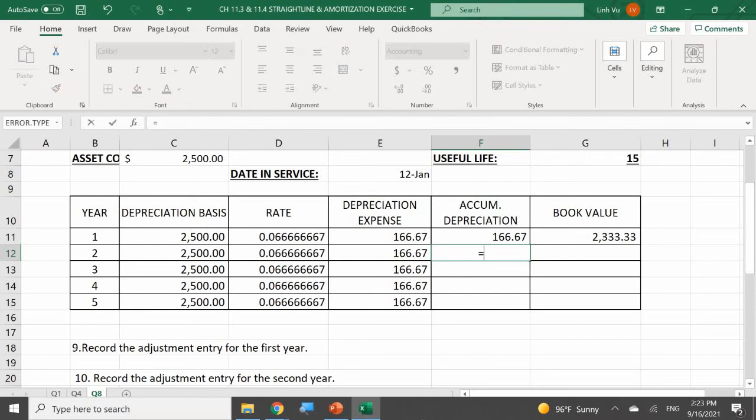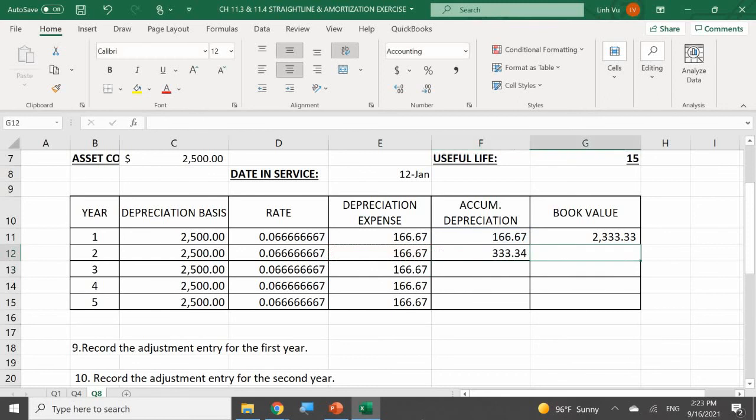So in this case, what's my accumulated amortization for year 2? So the previous year plus the current year. So 333.34.